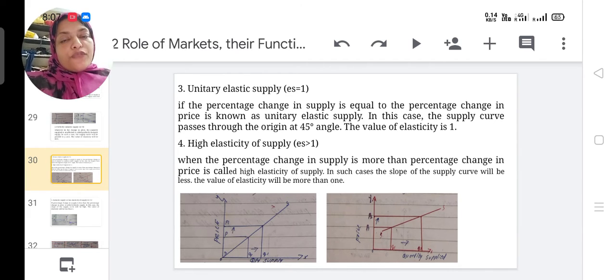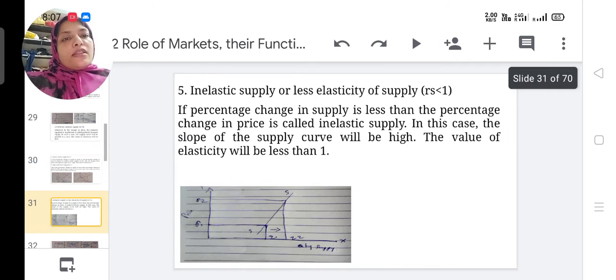In the case of unitary elasticity, the value is 1. In the case of high elasticity of supply, the value is greater than 1. The second diagram shows the high elasticity of supply. Then the fifth case is inelastic supply or less elasticity of supply.